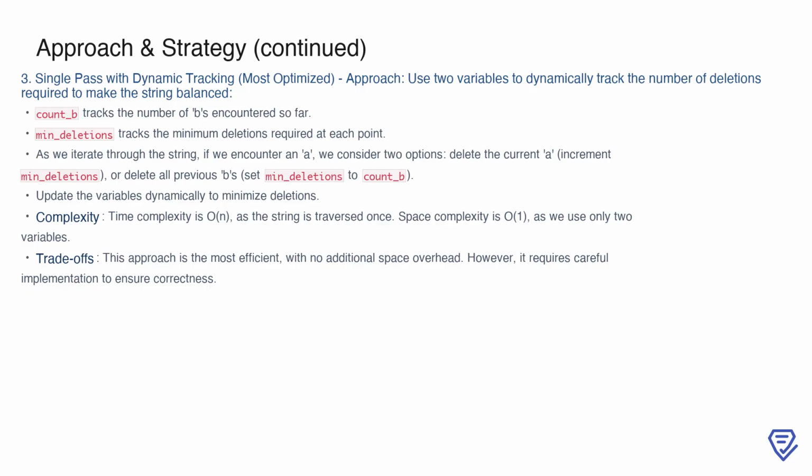As we iterate through the string, if we encounter an A, we have 2 choices: either delete the current A, which increases min_deletions, or delete all previous B's, which resets min_deletions to the value of count_b. By updating these variables dynamically, we can efficiently compute the minimum deletions needed. This approach runs in O(n) time and uses O(1) space. While it's the most efficient solution, it requires careful implementation to ensure correctness.